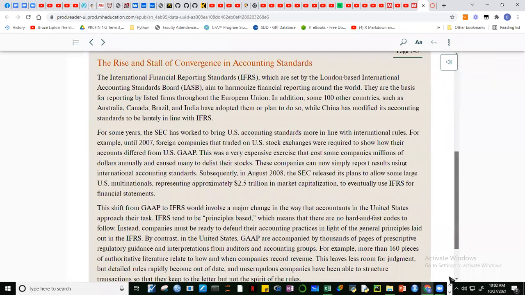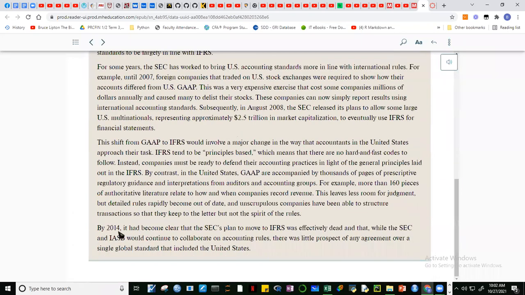And to date, in the last statement here, by 2014 it had become clear that the US SEC's plan to move to IFRS, the International Financial Reporting Standards, was effectively dead. While the US SEC and the IASB would continue to collaborate on accounting rules, there was little prospect of any agreement over a single global standard that included the United States.